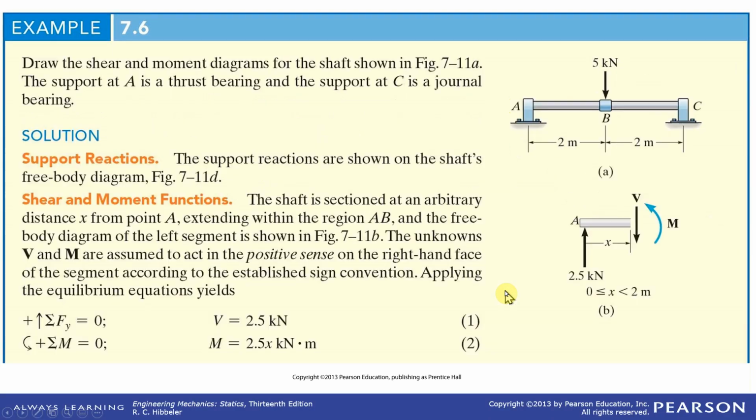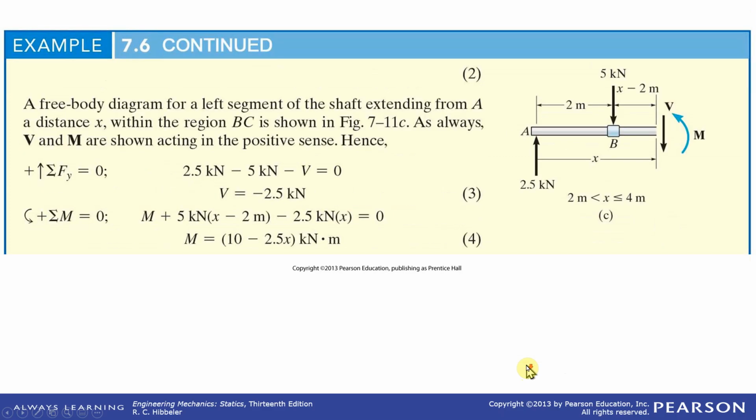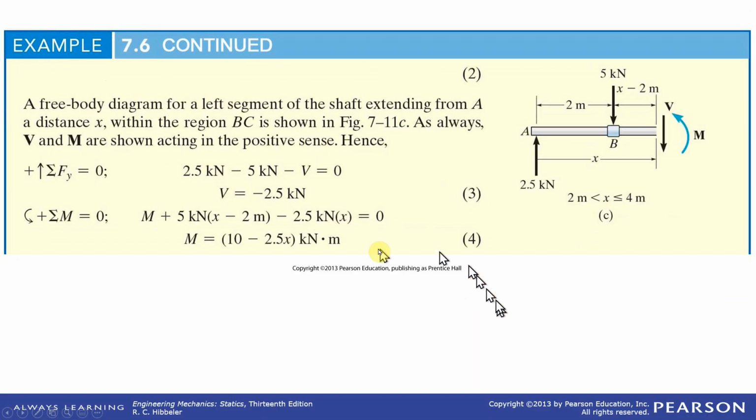Now let's go back to the first one. There it is. 2.5x kilonewton meters. So it's just a linear slope, straight up. And then on the way down, M equals 10 minus 2.5x, with the units kilonewton meters.